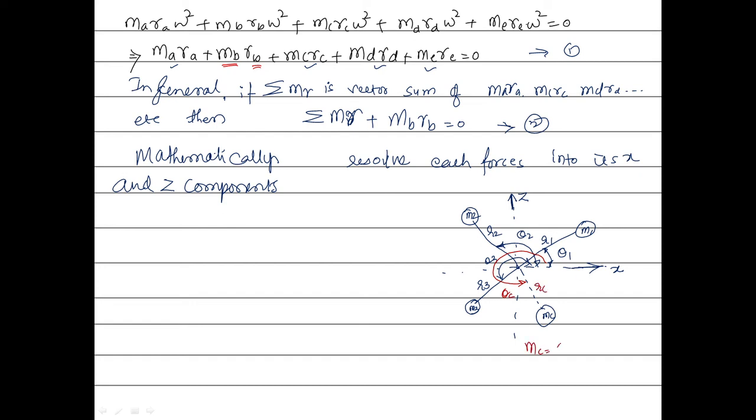MC is the counter mass or balancing mass, RC is the radius of the balancing mass, and theta C is the inclination of the balancing mass with respect to the x direction.